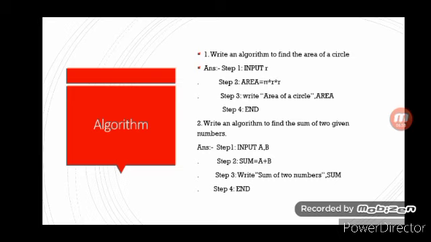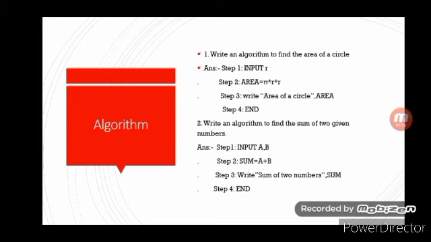But in computer we can't write pi r square, so we have to write the algorithm like this. Step 1, input r. We input the value of r. Then step 2 is area equals pi into r into r.